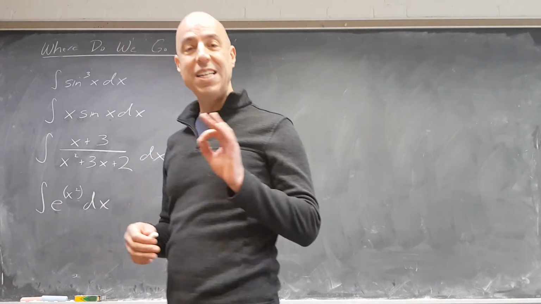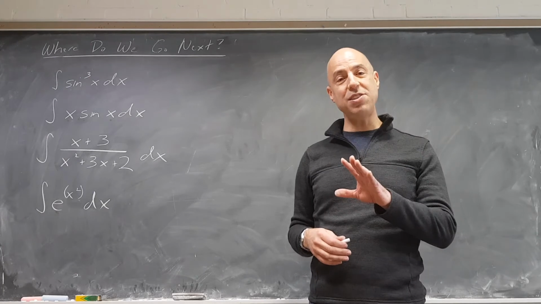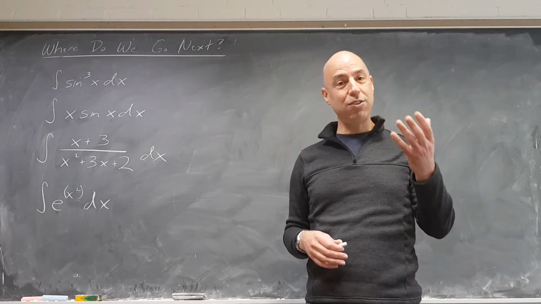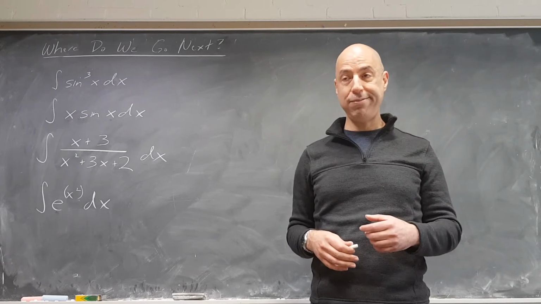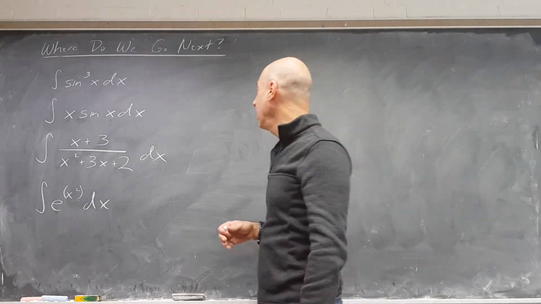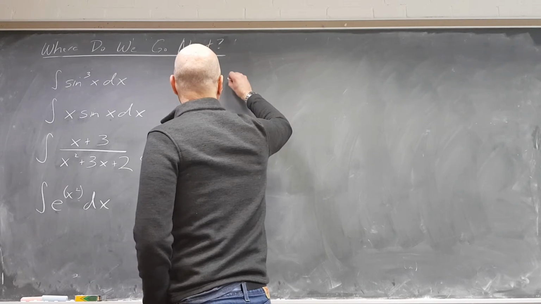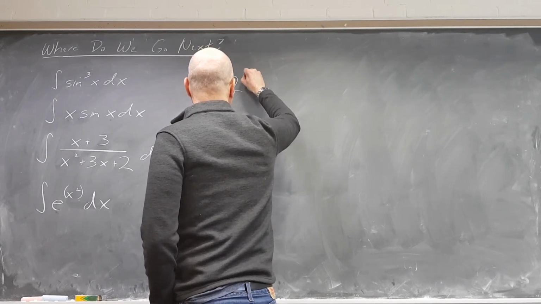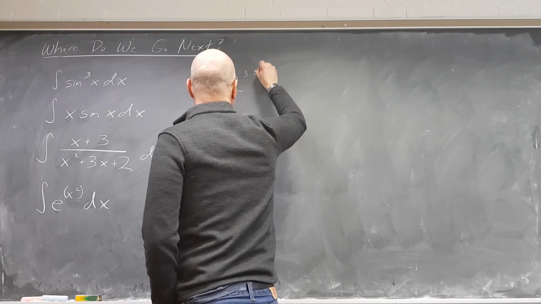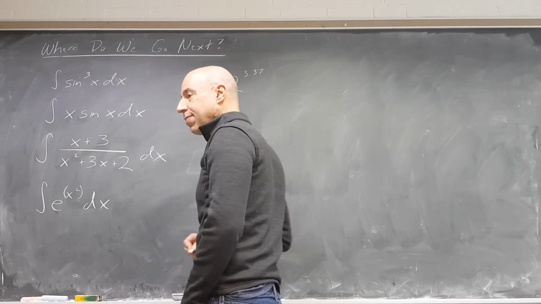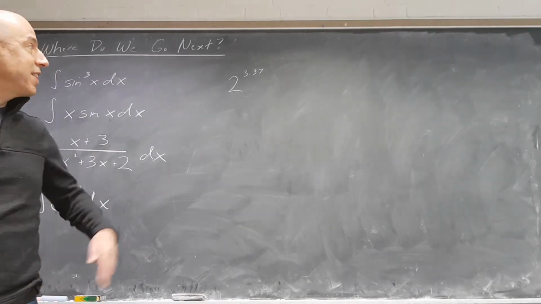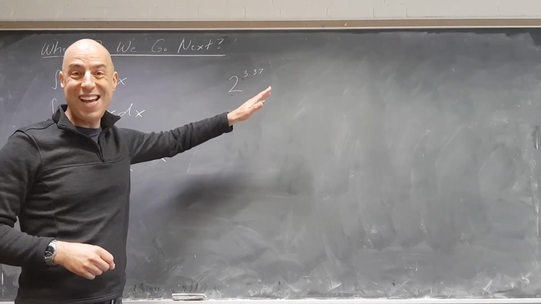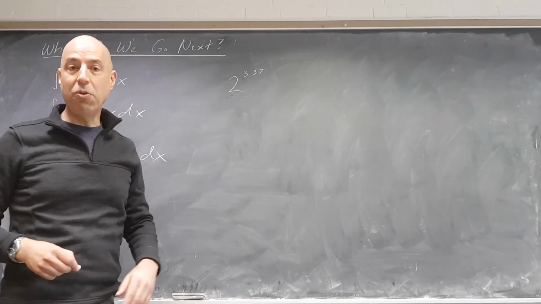I want to take a look at another question that we didn't raise in this course, and you may not even realize is a question, but it's lingering around from your older mathematics courses. Let's say I gave you the number 2 to the 3.37. Now, just looking at that, we can see that this number is between 2 cubed, which is 8, and 2 to the 4th, which is 16.